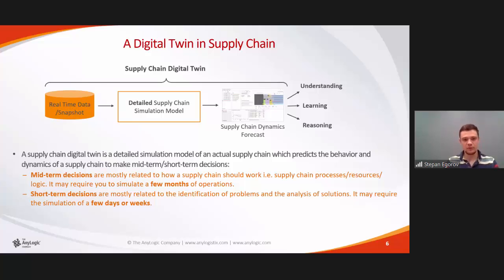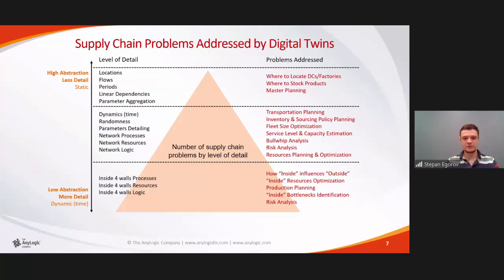And what are the problems that you can solve with a digital twin? So there are various problems, and if we take a look at this pyramid, some high abstraction, high level problems with a low level of details are included in first place.